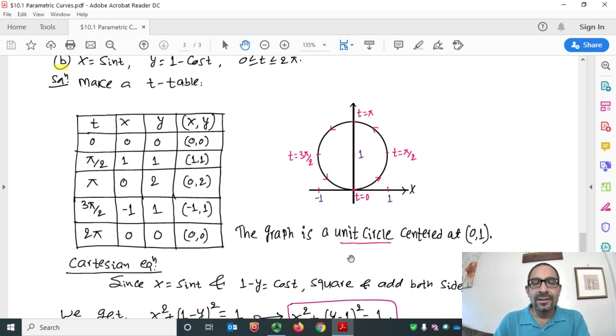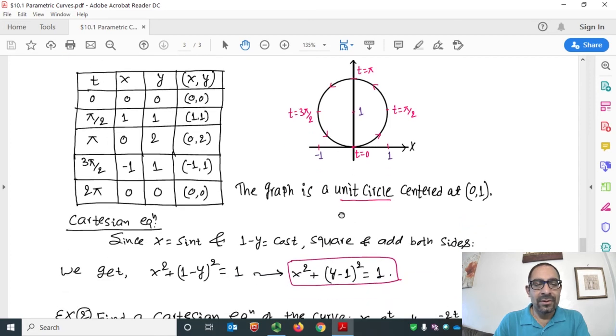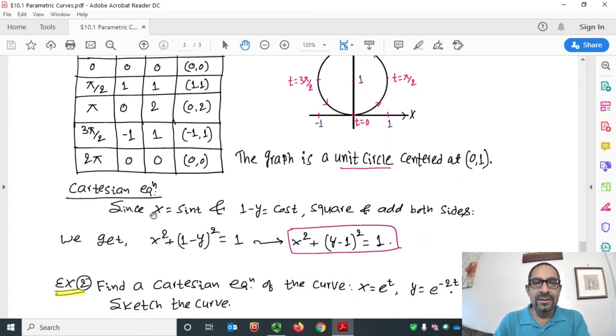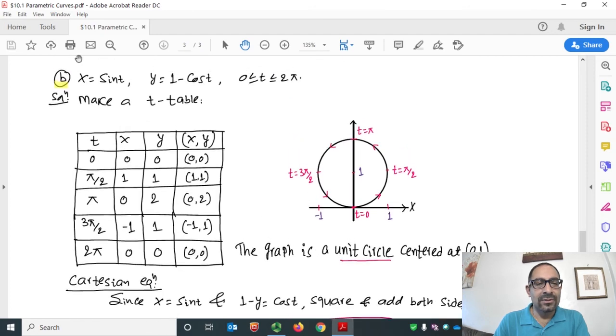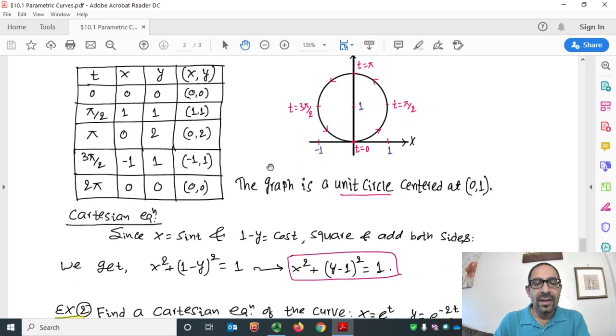Let's write its Cartesian equation. From the first equation, x equals sine t, and from the second, 1 minus y equals cosine t. We can simply square and add them. Let me scroll down.